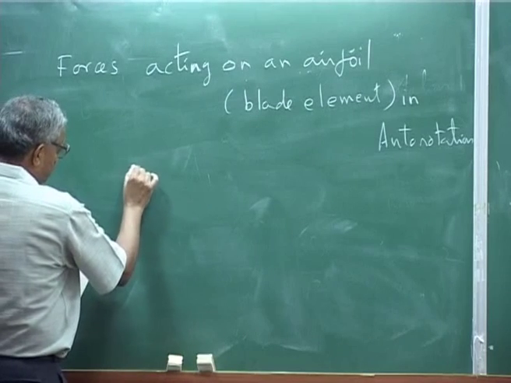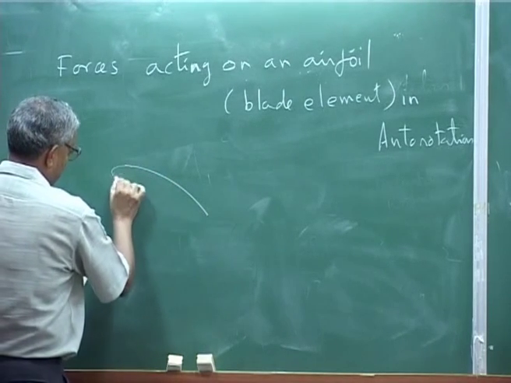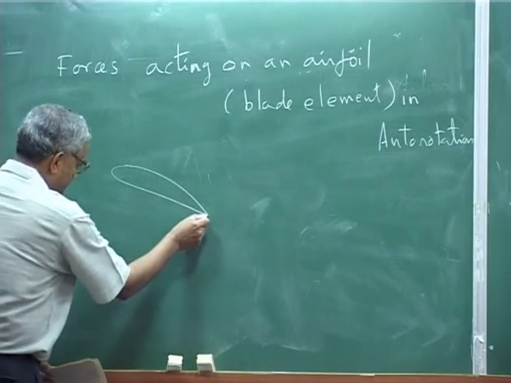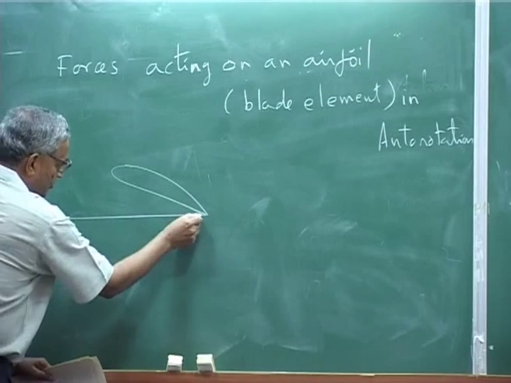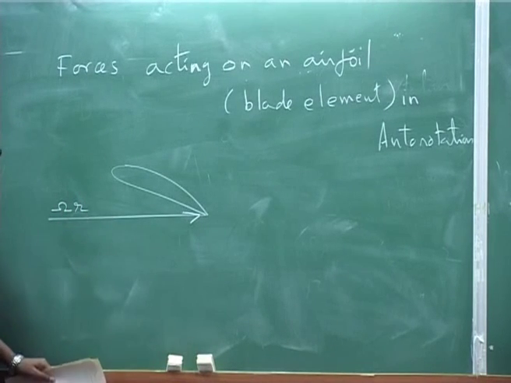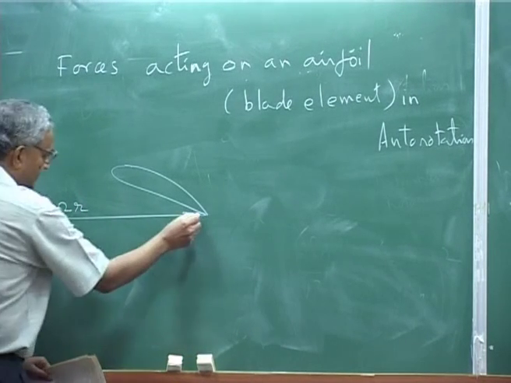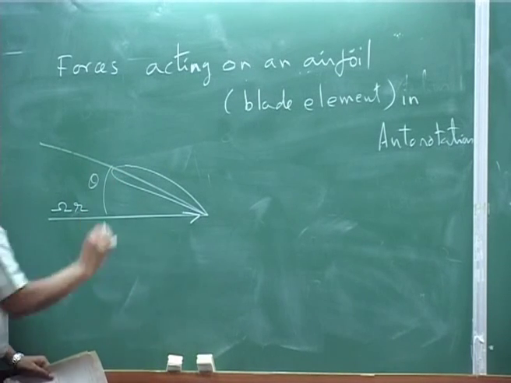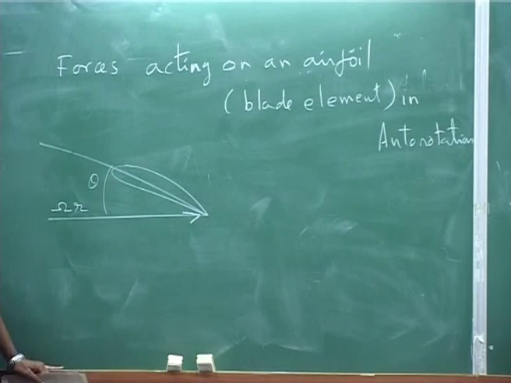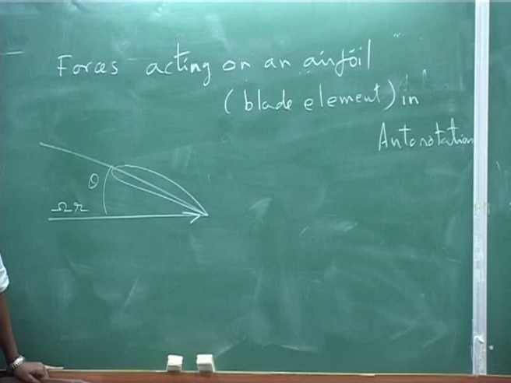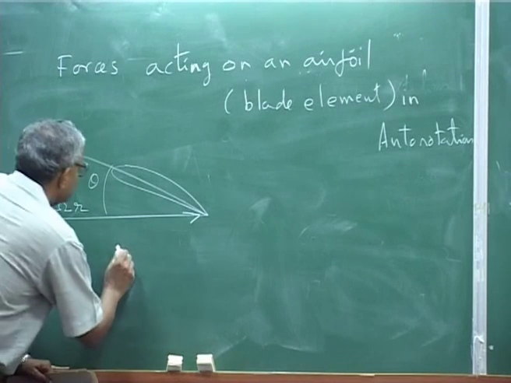You have your airfoil, this is omega r, this angle is theta, that is the pitch angle the pilot has given, but it is in autorotation, which means this is coming down.